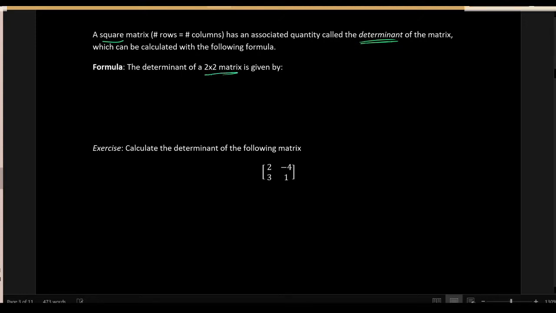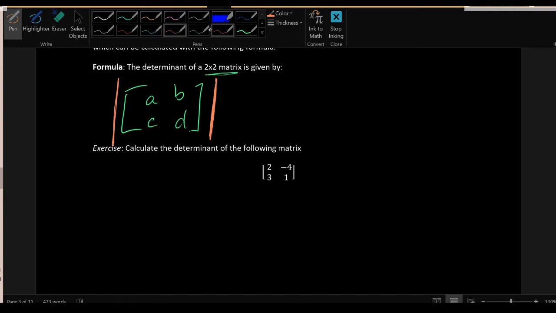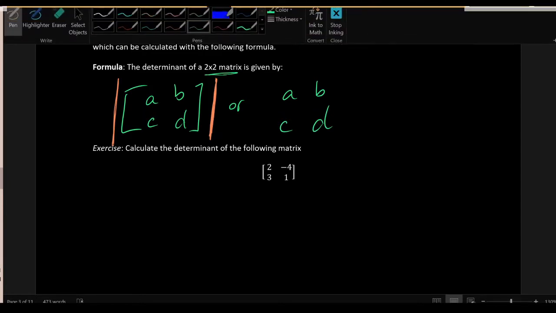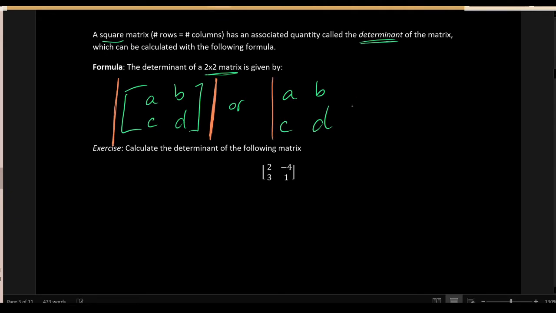If you have a 2 by 2 matrix, such as A, B, C, D, the determinant of that matrix is first of all denoted using absolute value bars around the matrix. Sometimes you may also see this written as A, B, C, D, where the square brackets have been removed and only the vertical absolute value symbols have been included.